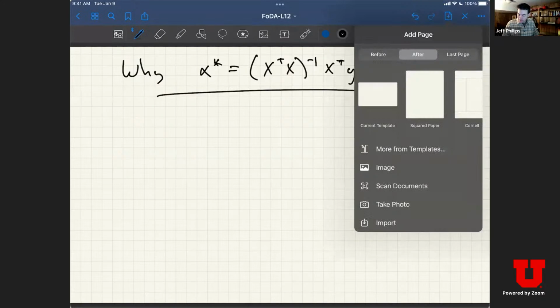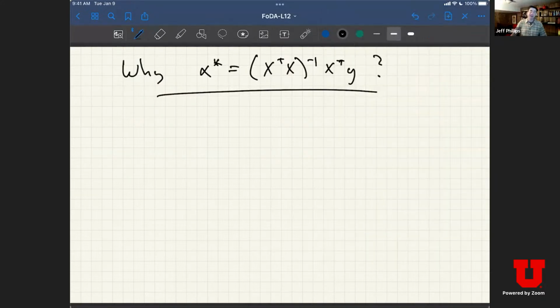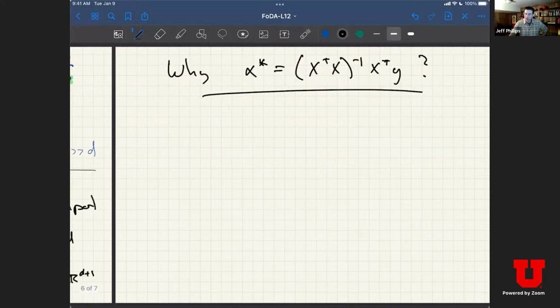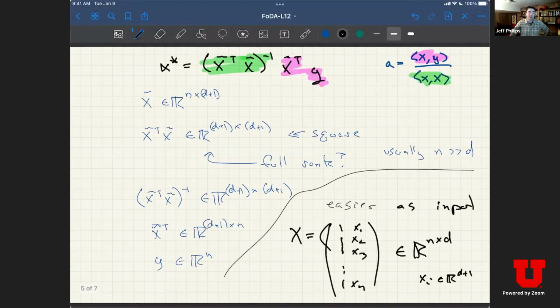Since we're online, do people need a little bit of a break, or maybe now's a good time to ask questions? If you have any questions about this, then we'll move on to polynomial regression.